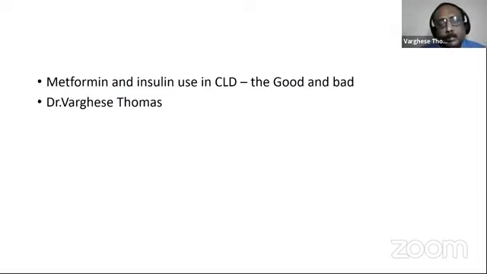Can you repeat? I'm talking about a clinical scenario where a cirrhotic, fairly well controlled on oral drugs, gets admitted for an acute problem. It could be an acute kidney injury or ACLF. What would be the best practice?